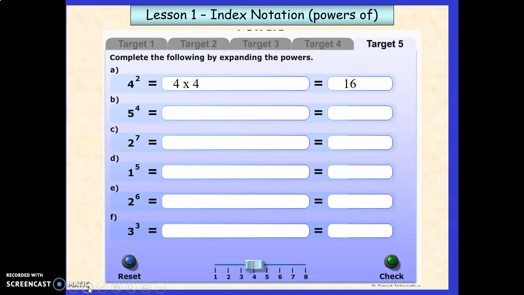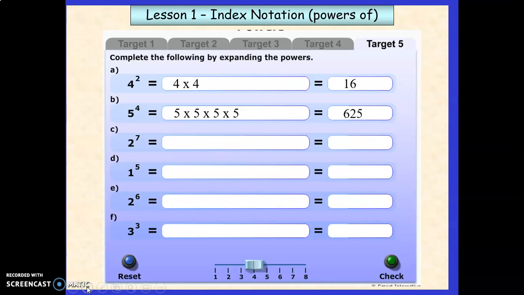The next one is a little bit trickier just because the number ends up quite big, but it's not anything we can't do with a wee bit of working jotted down at the side. So 5 to the power of 4 means 5 multiplied by itself 4 times. Okay, so 5 times 5 times 5 times 5. And again, if we need to do a wee bit of working, we should get the answer of 625.